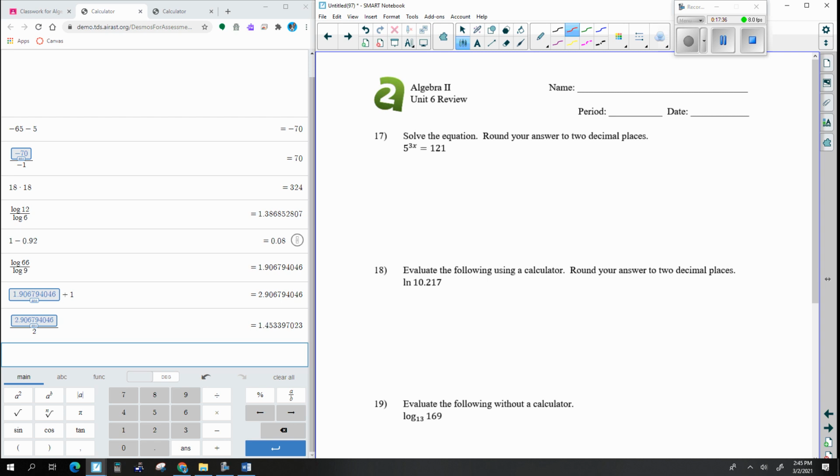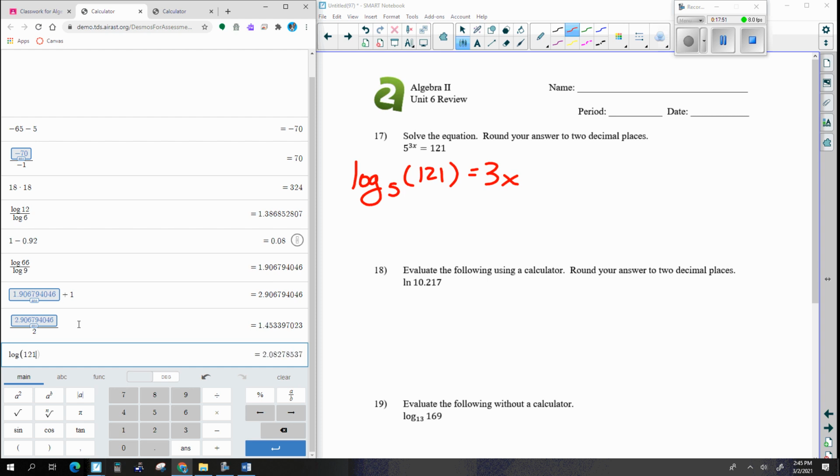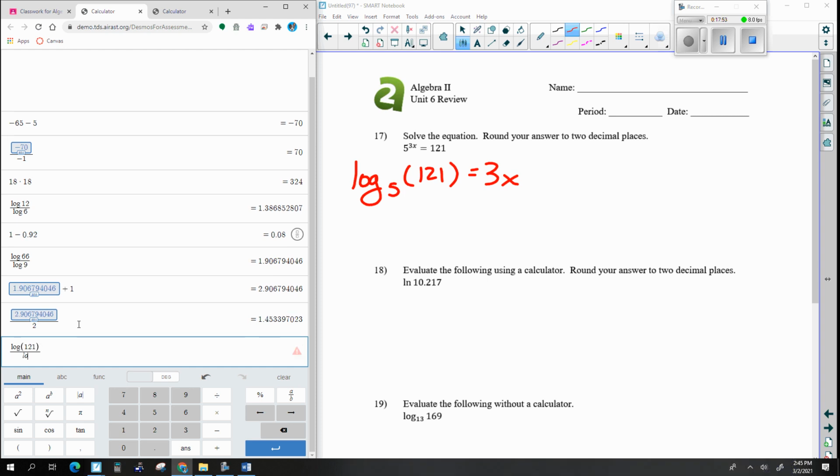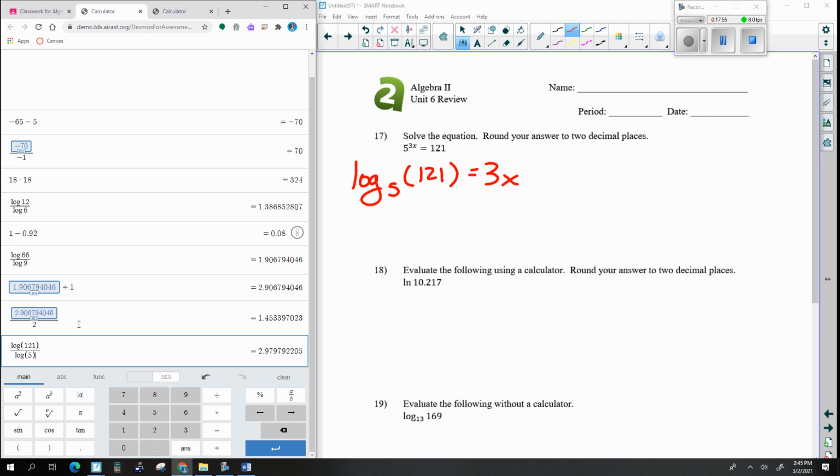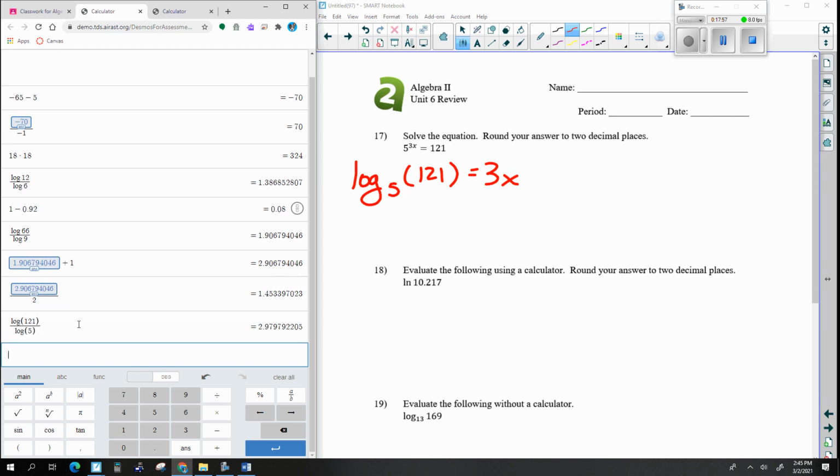Okay, variable on one side, write it as a log. So log base 5. Whew. All right. Use the calculator. So that is 2.9798.